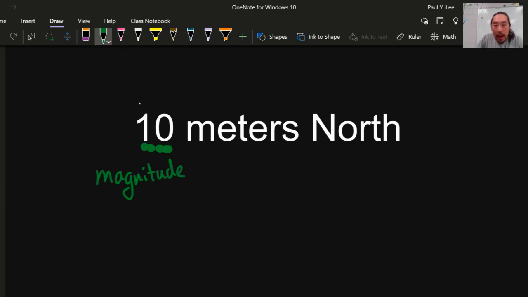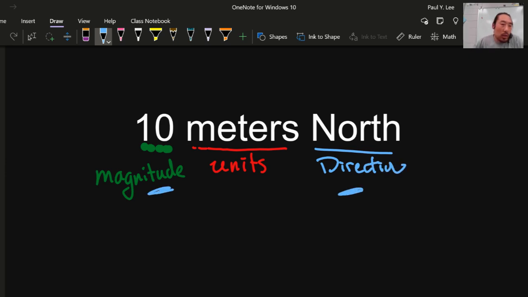Next to it, we have the meters. These meters are the units, so that we know exactly what we're talking about when we're communicating with each other, right? Meters is a unit of distance, and the last one is north, and this is our direction. So when you have both the magnitude and the direction, remember that gives us a vector.